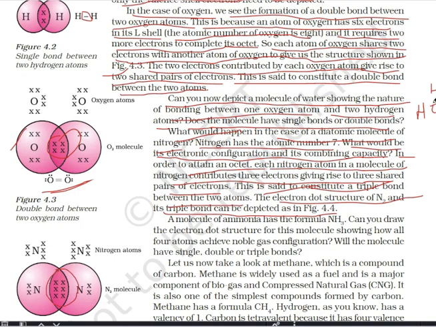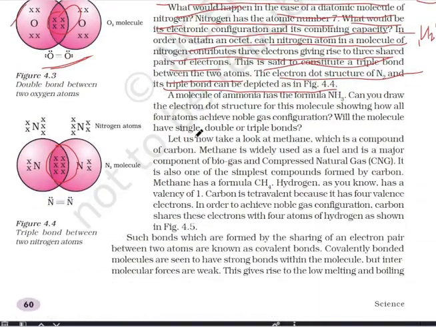In H2O, one electron is shared by one H and one by the other H. Both share with each other and complete the configuration. So this is the formula for a molecule of ammonia, NH3.